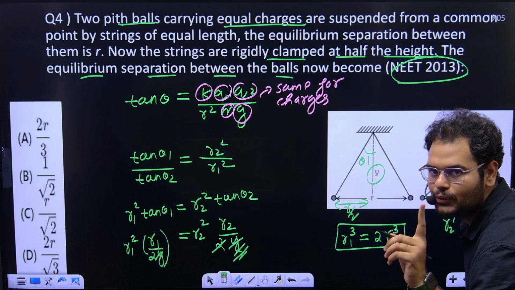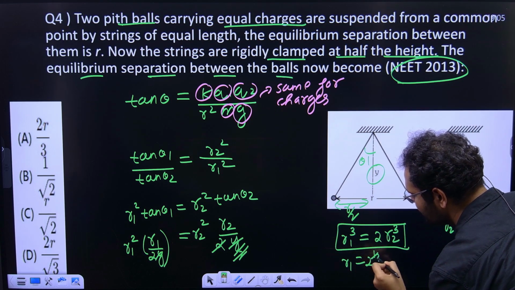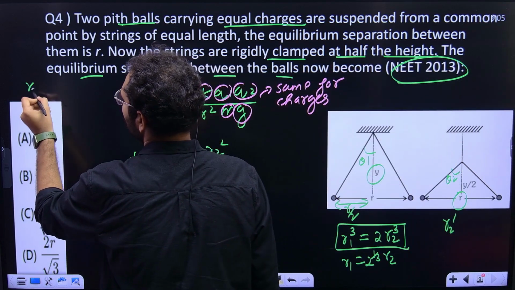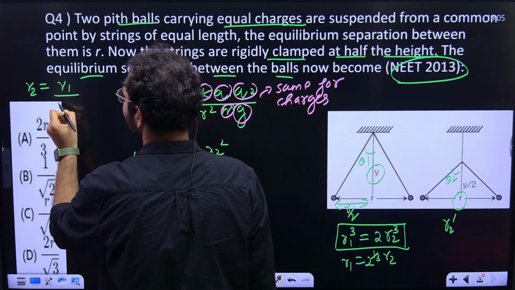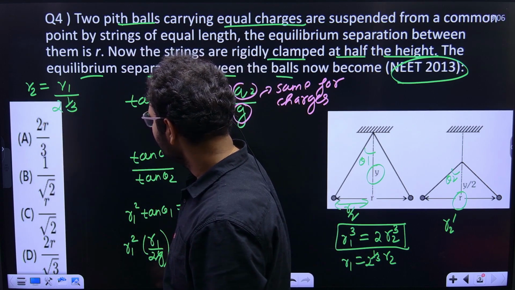If I take the cube root on both sides, R1 is equal to 2 to the power 1 by 3 times R2, or I can say R2 is equal to R1 divided by 2 to the power 1 by 3. Which is the answer?